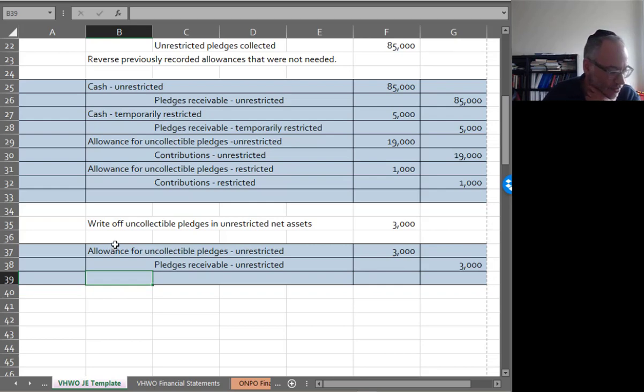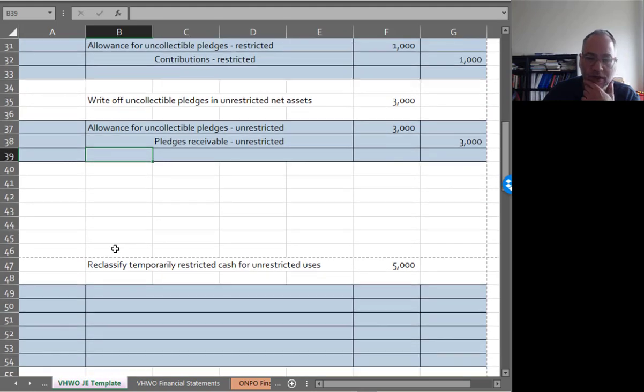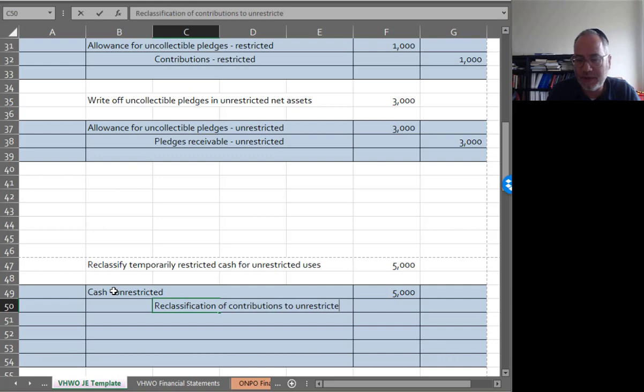Next, we reclassify temporarily restricted cash for unrestricted uses. So debit cash unrestricted, because that's what you're getting, and credit reclassification of contributions to unrestricted. And we're doing this without funds in this situation. They're just doing it all in one set of accounts.